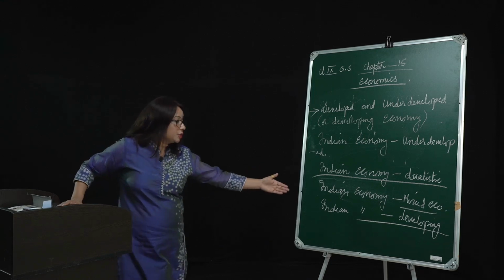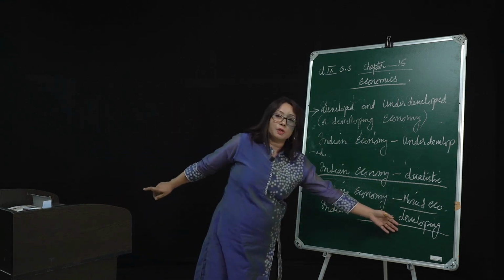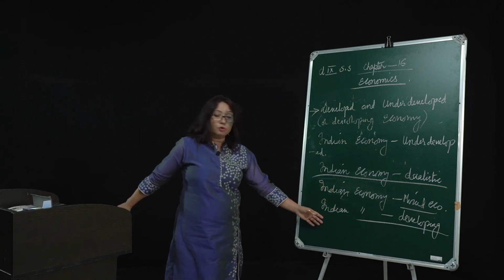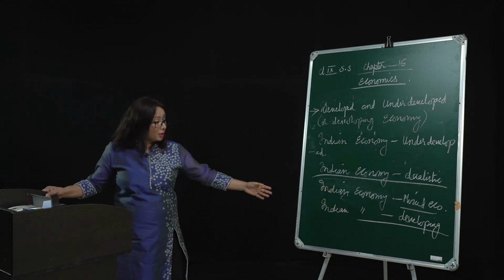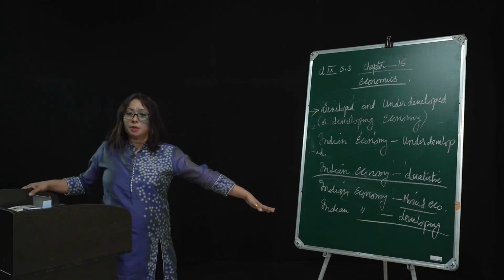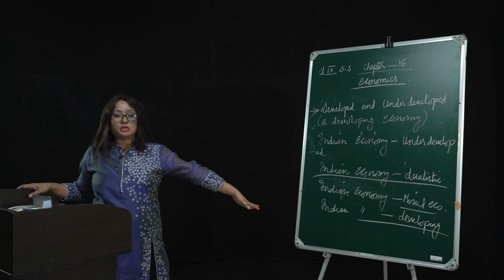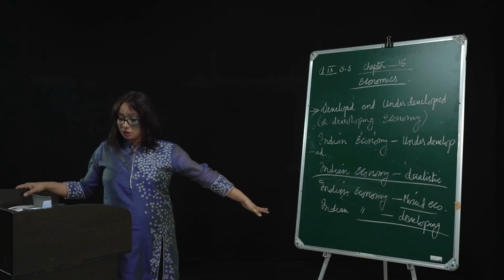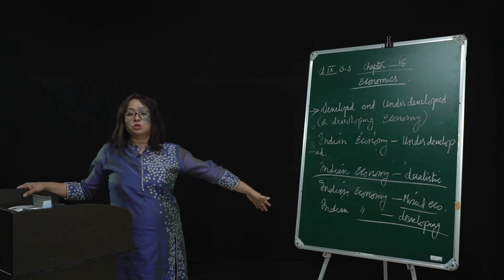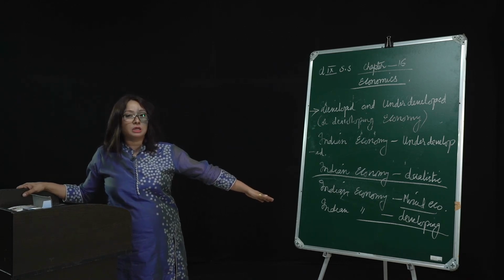But over the years, Indian economy is called a developing economy. Developing means it is in the process of becoming developed. So over the years we are seeing that national income is improving, agricultural development has been taking place, and industrial progress has also been taking place in India.